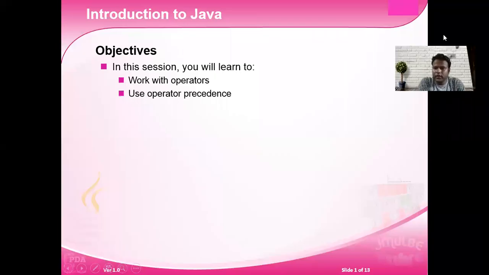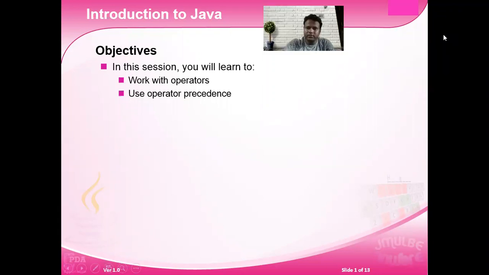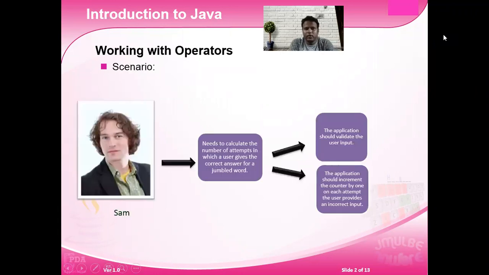Today we start with working with operators and using operator precedence. So consider a scenario. Sam needs to calculate the number of attempts in which a user gives the correct answer for a jumbled word.